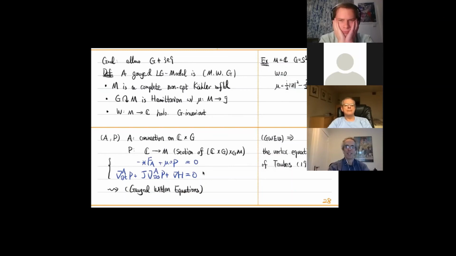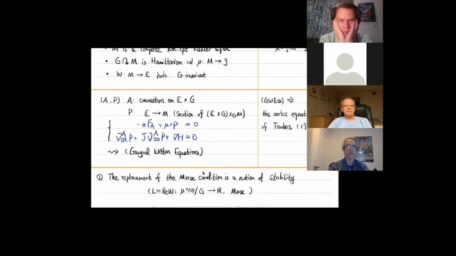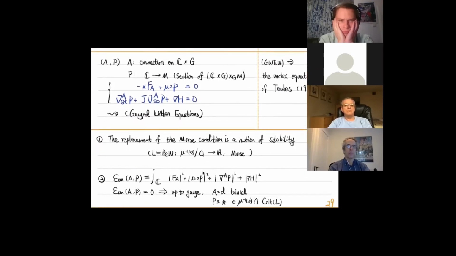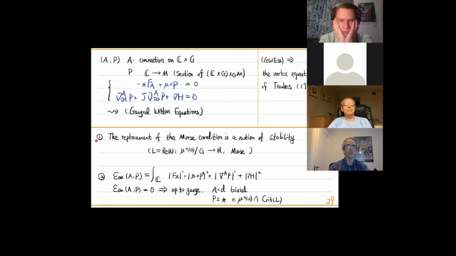Later we'll see that the gauged Witten equations are like universal equations. You can plug in different gauged LG models and obtain different equations in gauge theory. There are two more things I want to say at this point. First of all, what's the replacement of the Morse condition?